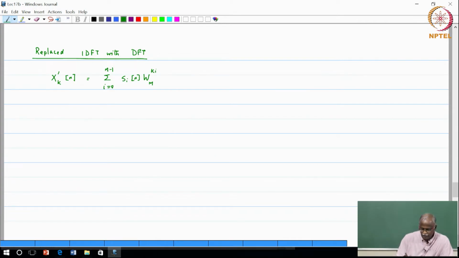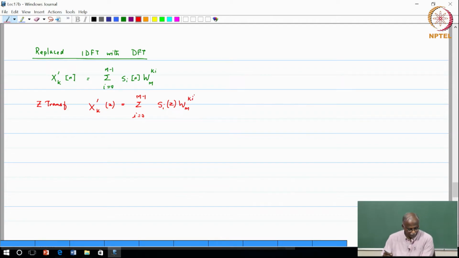Okay. If I now take the Z transform, it will be xk prime of Z, that will be equal to summation i equal to 0 to m minus 1 Si of Z Wm ki. Please go ahead and substitute.